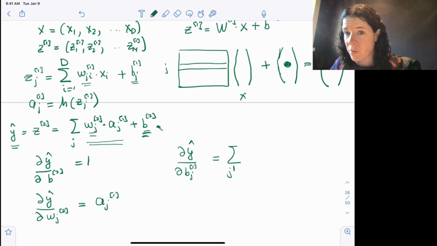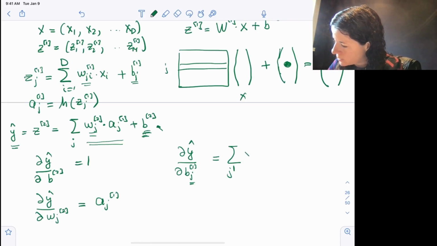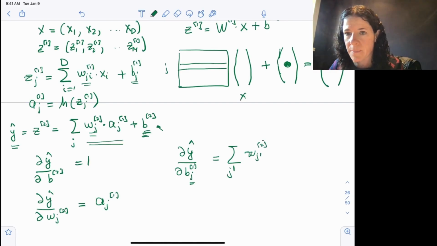I'm going to put j prime to differentiate this particular j from the j's I am summing over, right? So I'm going to call the sum over j prime, to differentiate from the particular j I am differentiating with respect to here. What we get is that this w_j'^(2) doesn't depend on b_j at all.